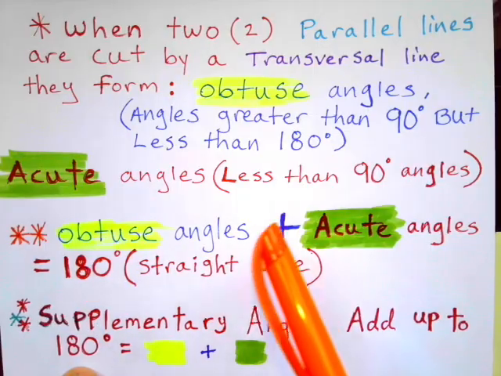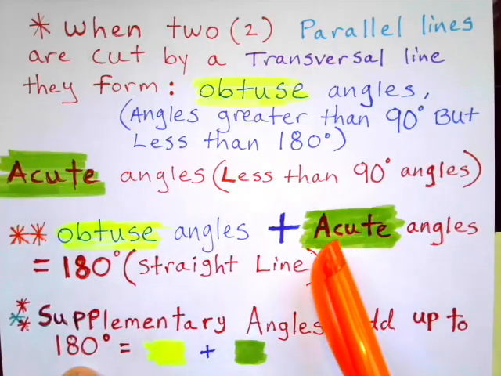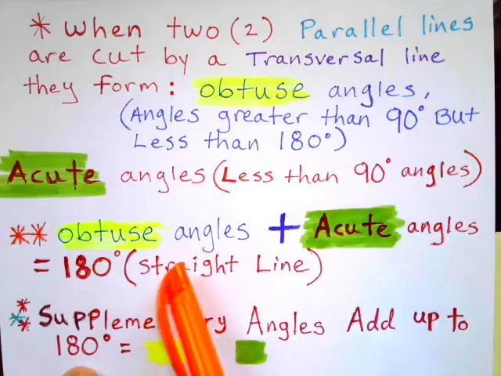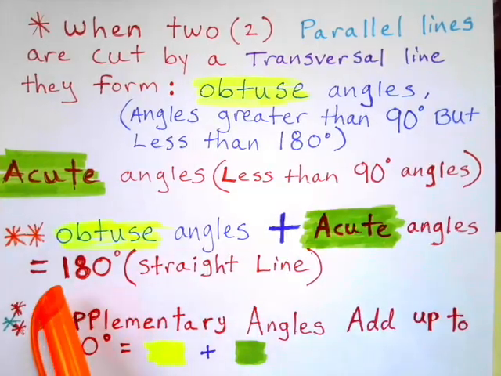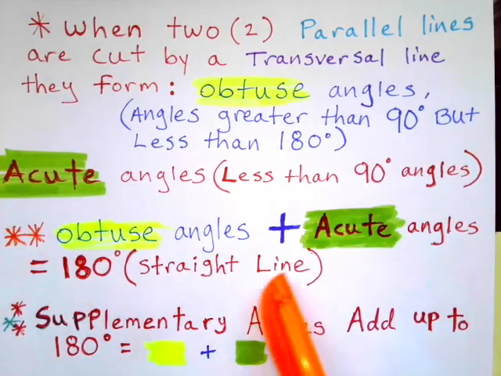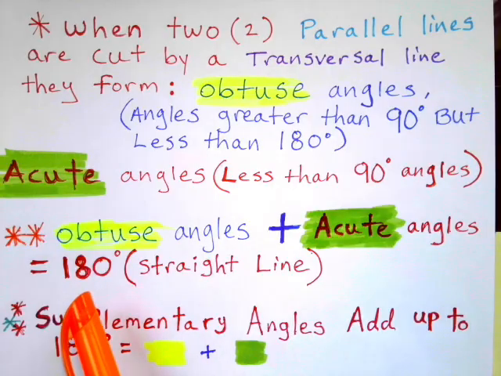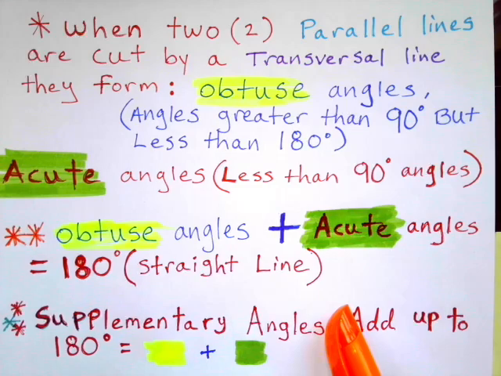Because any yellow highlighted with any green highlighted angle will add up to be 180 degrees. That's a straight line, 180 degrees, right? And again, those are called supplementary angles. They add up to 180 degrees. So any yellow highlighted angle with any green highlighted angle, you add them together, you're going to get 180 degrees.